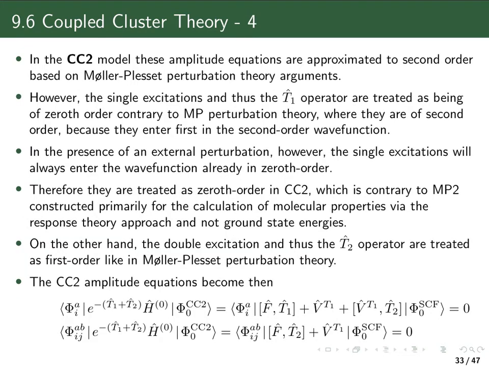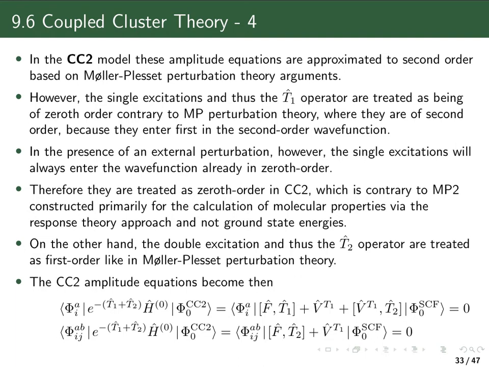An approximation to the CCSD, which is called the CC2 model, is based on a perturbation theory analysis of these equations, more or less like Møller-Plesset perturbation theory, with the only difference that the single excitation operators, the T1 operators, which in Møller-Plesset perturbation theory enter into the second order wave function. So single excitations are second order, but here in these coupled cluster models, they are treated as first order.